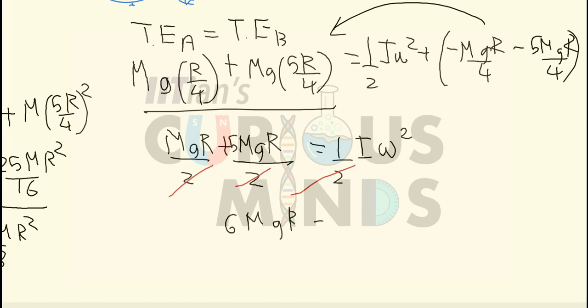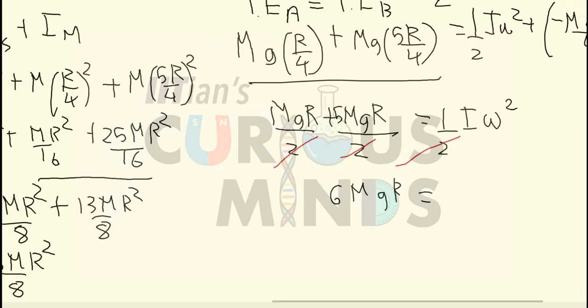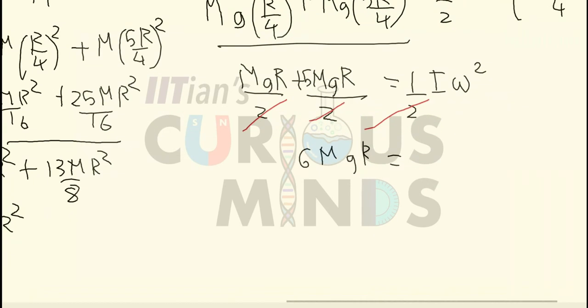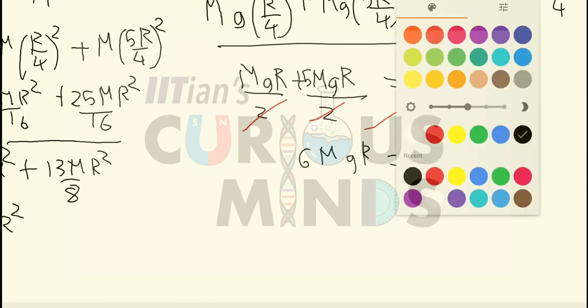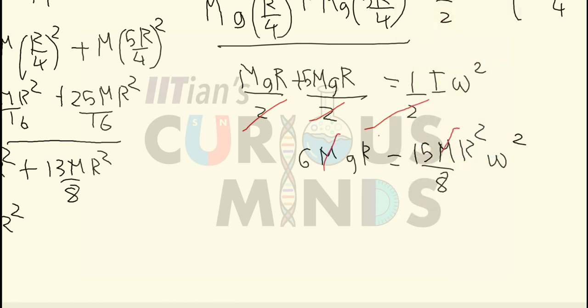I over here, as we have already found out, is 15mr²/8, into ω². So from this equation m and m will cancel out, r and r will cancel out. This will be equal to, 3 2s are 3, 5s are.